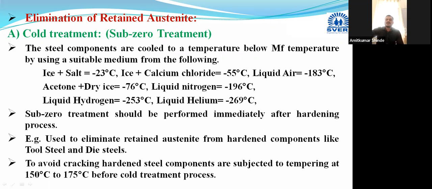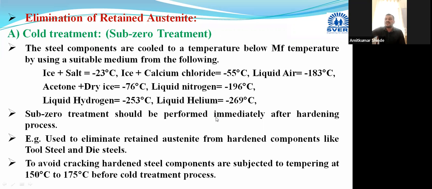The very basic reason for the formation of retained austenite is that the martensite transformation start or finish temperature is below room temperature. Hence, we have to cool the steel components below room temperature. To eliminate the retained austenite, this cold treatment or sub-zero treatment is necessary.